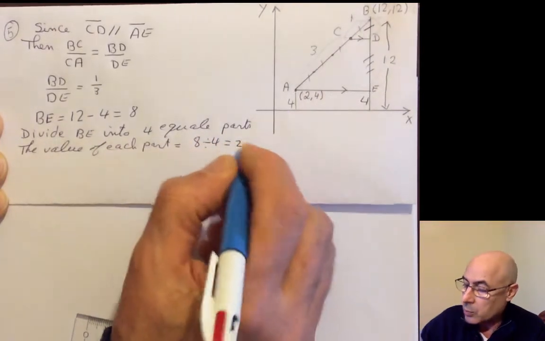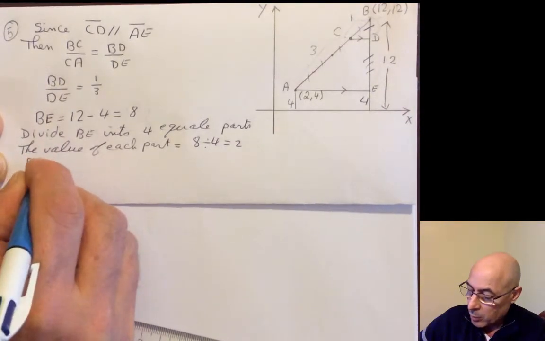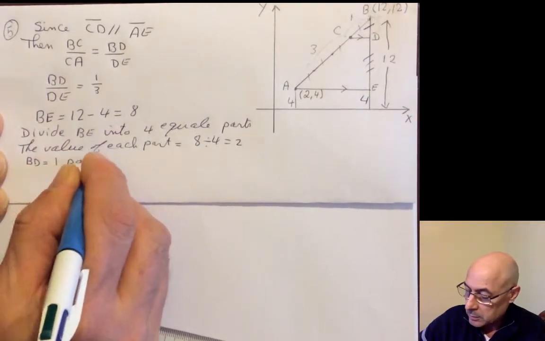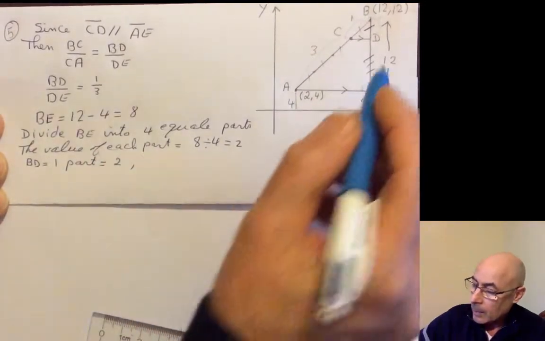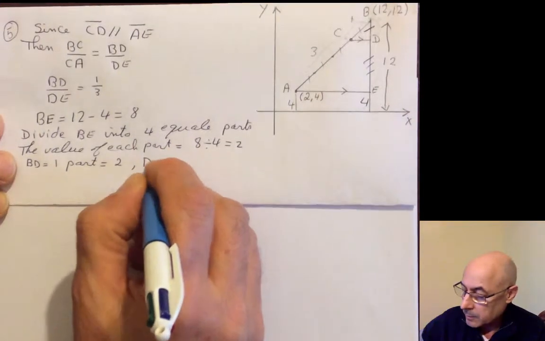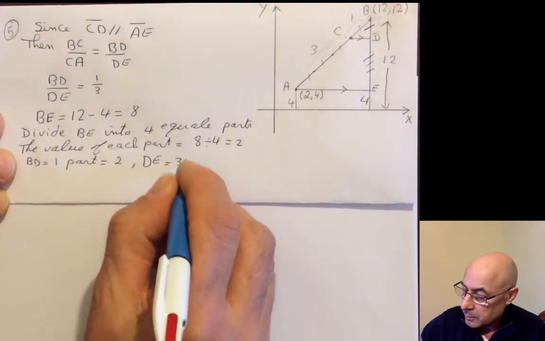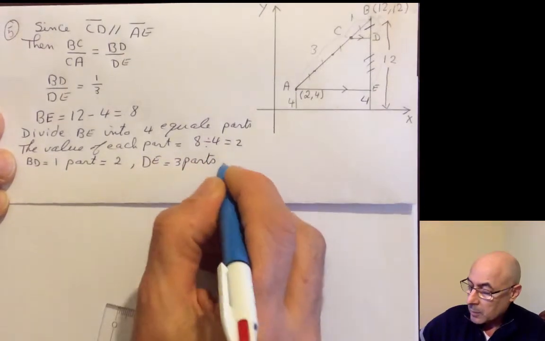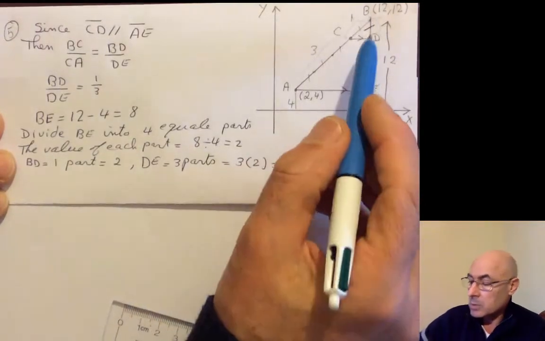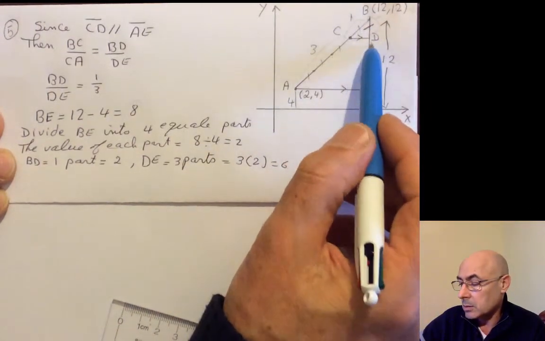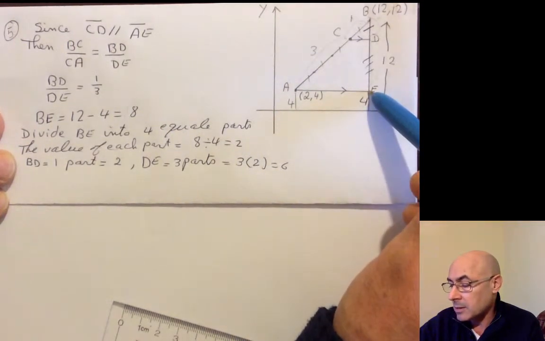So each part is 2. So BD is going to take 1 part, and each part is 2. And DE, 3 parts, each part is 2. 3 times 2 is 6. So it's going to be 2 units, 6 units. From D to E is 6.